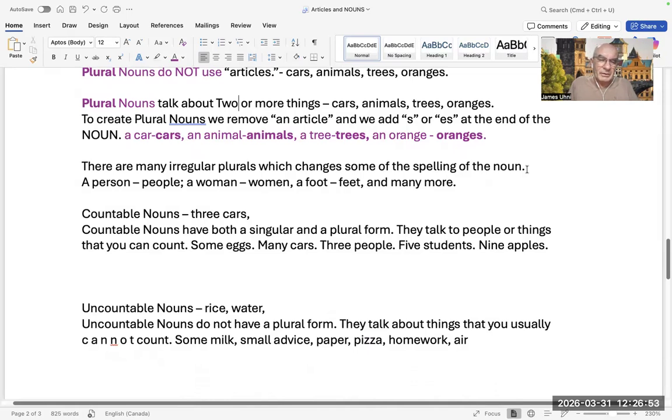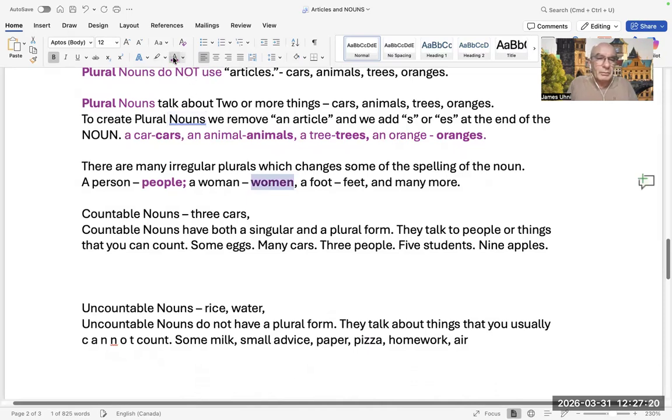And here are perfect examples. For example, a woman, women. So we say a person, but people is plural. Woman, women is plural.